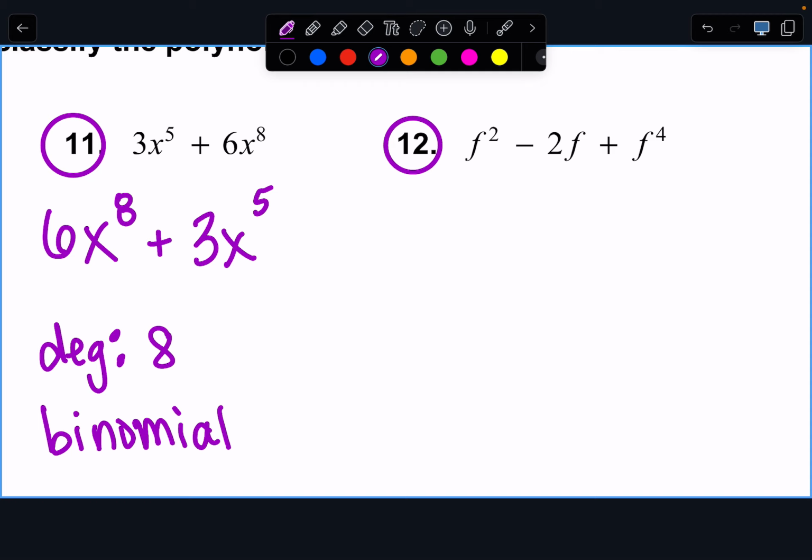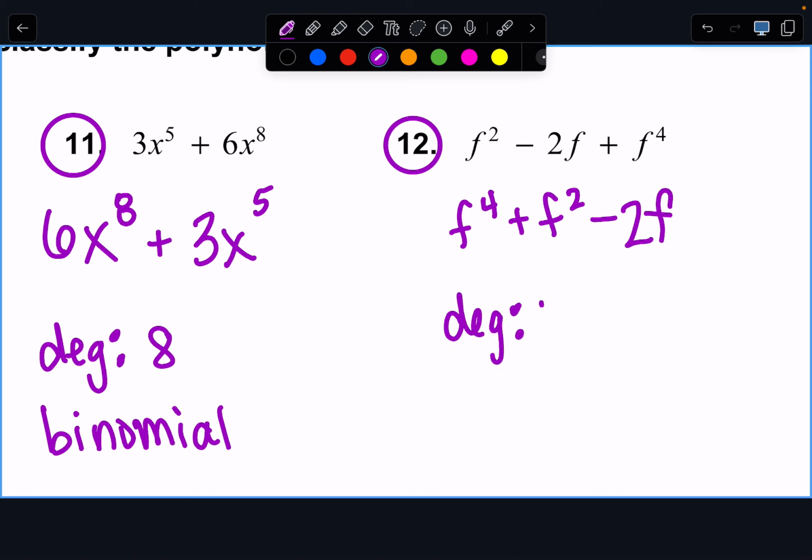Oh, so the random student for number 12, I see f to the 4th plus f squared minus 2f, which is a 4th degree trinomial. Yeah? Yes. Okay.